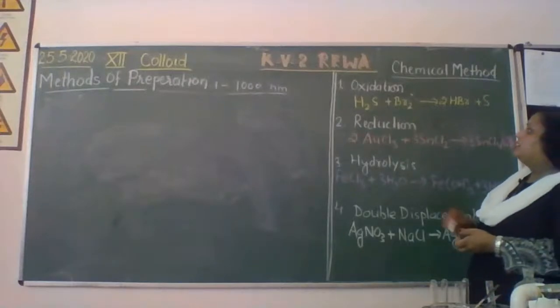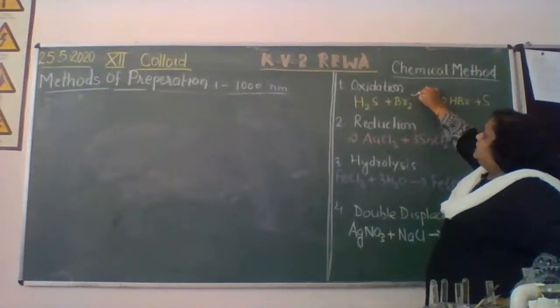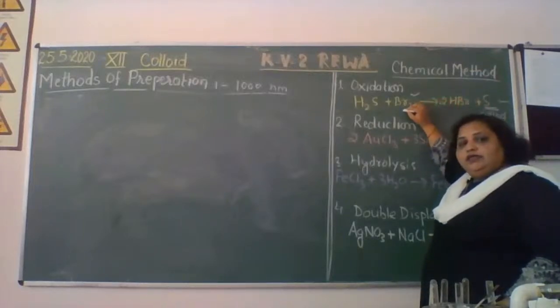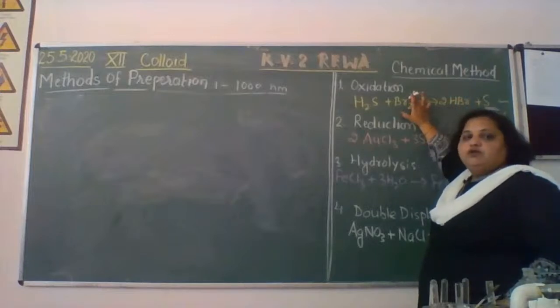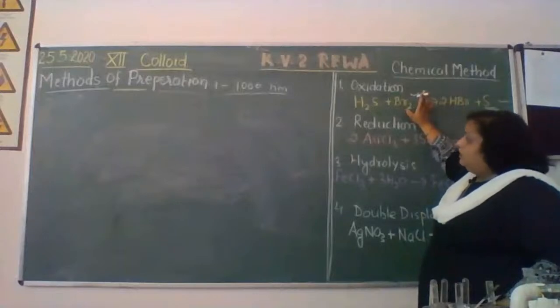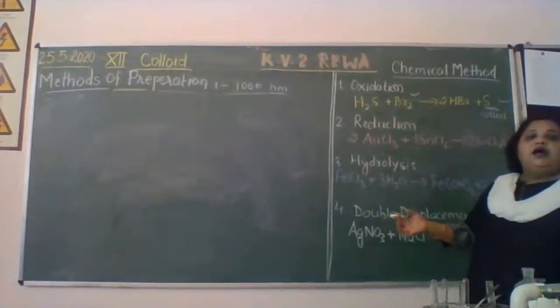One example I have taken here is for the preparation of sulfur colloid. Rather than bromine, you can take water also in the example, or oxides. It is just one example that I have taken.